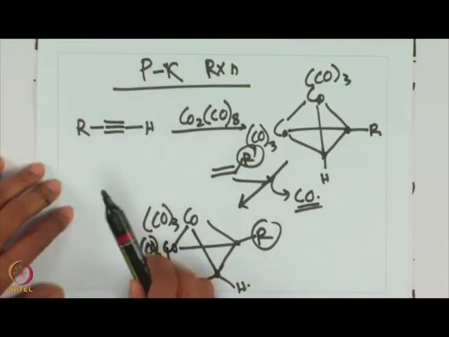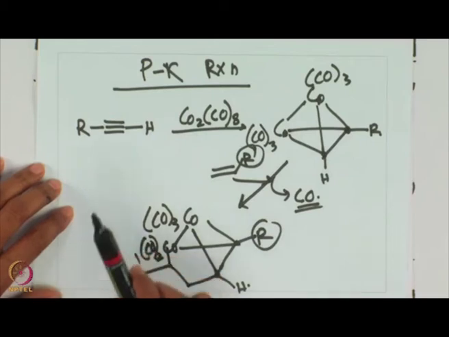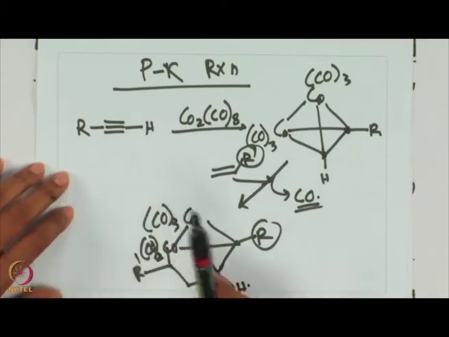So, what we have seen in this reaction mechanism is the alkyne reacting with the dicobalt reagent to give the intermediate, where regiochemistry is controlled. From there we will see how the subsequent reactions go by migration and reductive elimination processes.